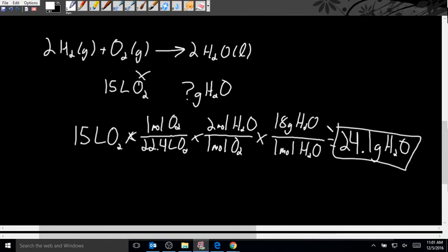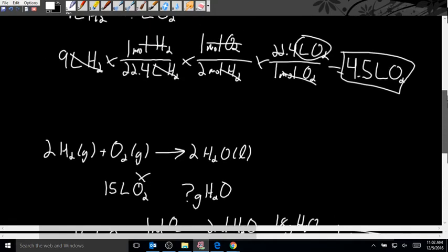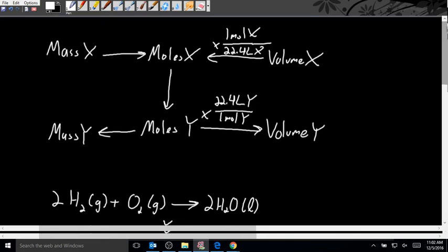All right, gas stoichiometry, all that it did is it gave us a new starting point and a new ending point to choose from. Going back up here, I can start from volume of something and end at moles of something. It's all about figuring out which of the 3 points you are starting at, which of the 3 points you are ending at, and then just following the arrows to get there.